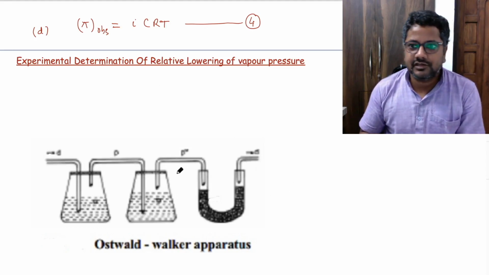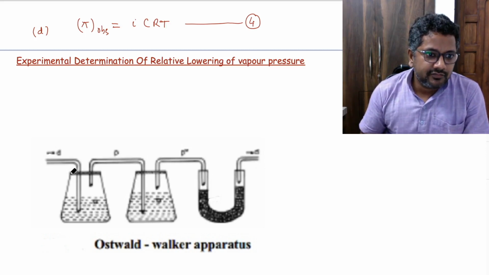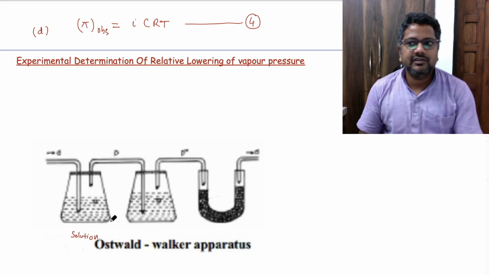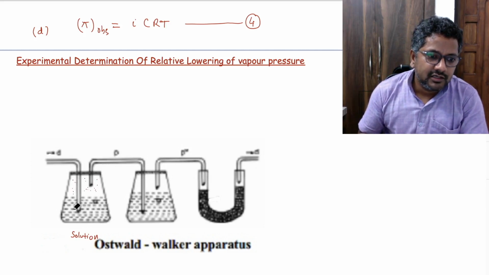See, first you understand this apparatus. In the first beaker, we have taken a solution, meaning a solution having a non-volatile and non-electrolyte solute. This has some vapors as well here, because at a given temperature, T is constant.